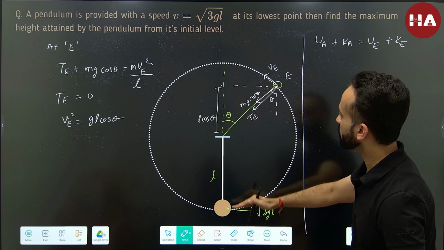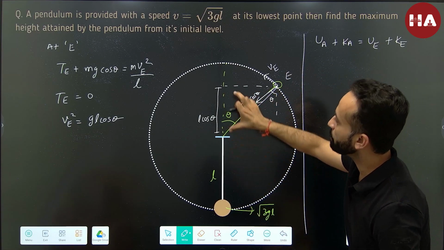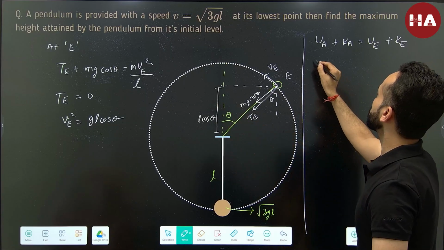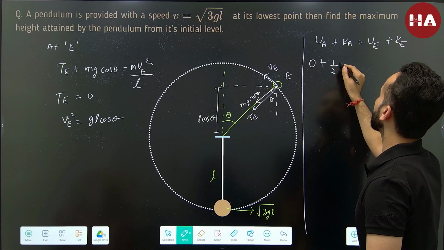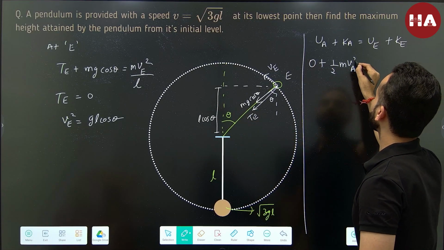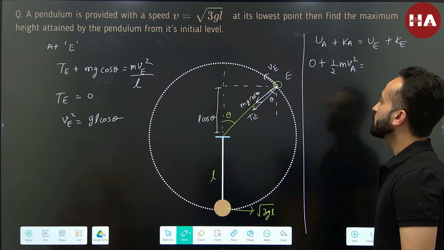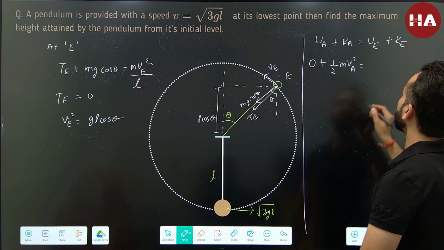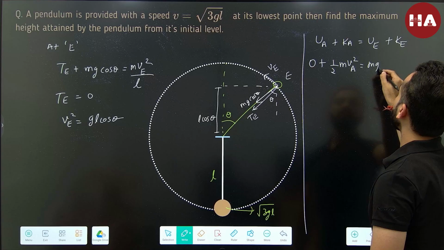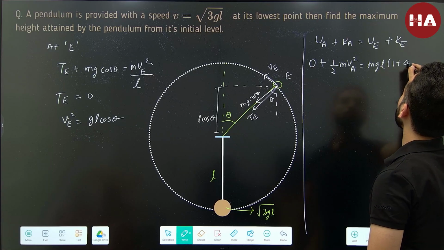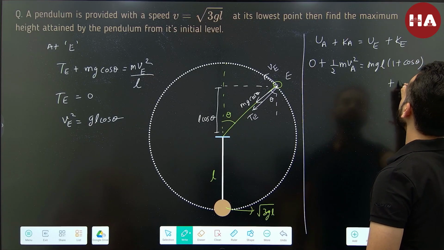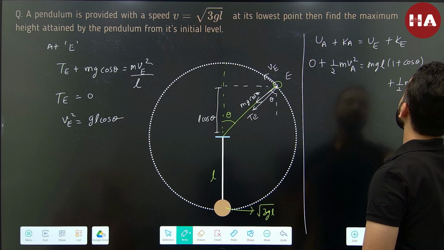So the height from here to here is this time L plus L cos theta. So what is UA? 0. What is KA? Half mVA square. What is UE? UE is mgL(1 plus cos theta). And KE is half mVE square.